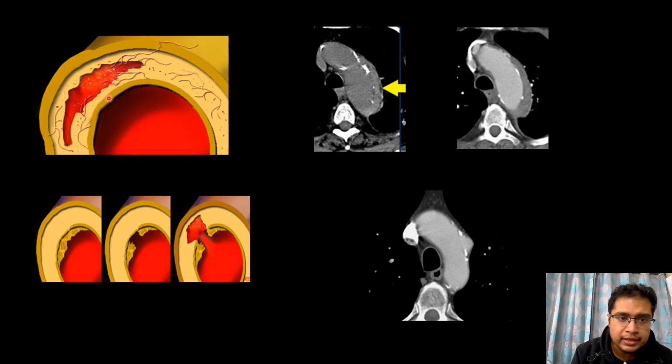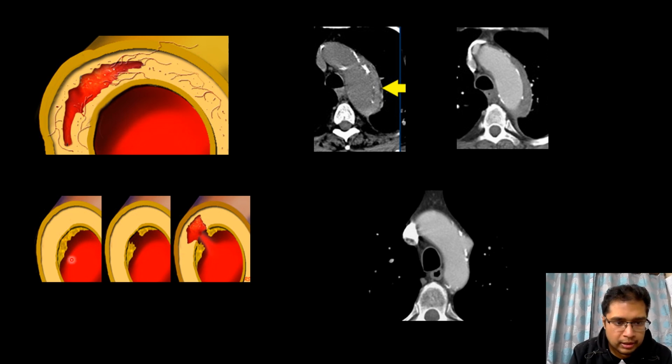Basically, this blood is arising from the ruptured vasa vasorum supplying the tunica media. So this is called intramural hematoma. On imaging it looks like this: intramural hematoma, that is, a blood collection within the vessel wall without any intimal flap.